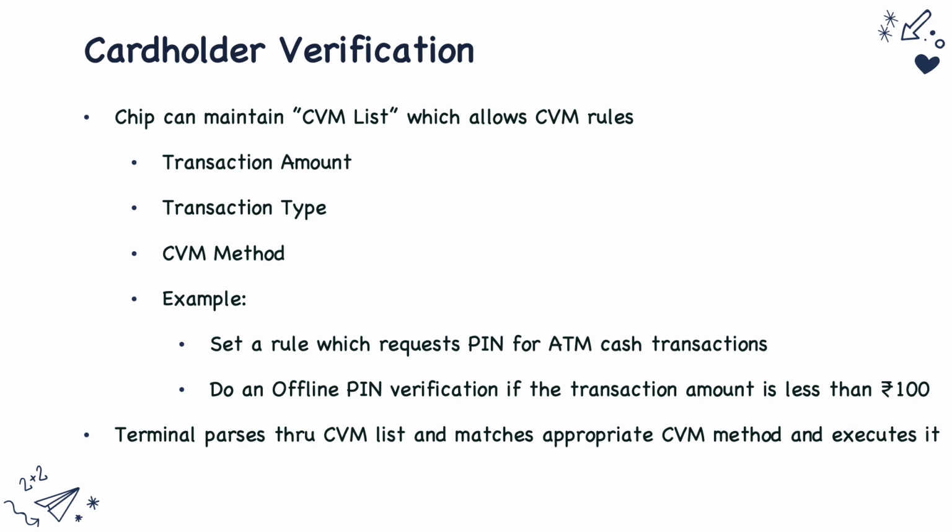So we can set a rule saying that for ATM cash transactions, request a PIN, or do not request a PIN, or do an offline PIN verification for a transaction amount that is less than 100. There could be different types of CVM methods for different transaction types and different transaction amounts. The terminal parses through the CVM list one by one, matches the appropriate CVM method, and then executes it.